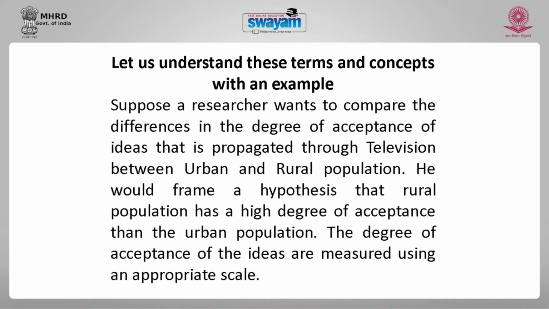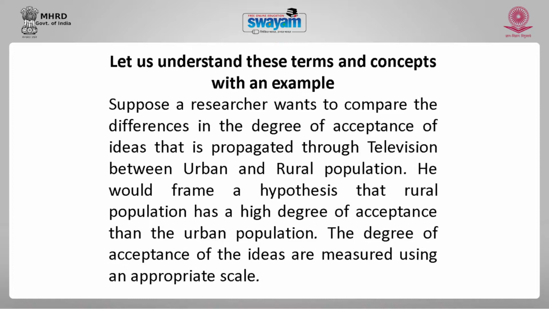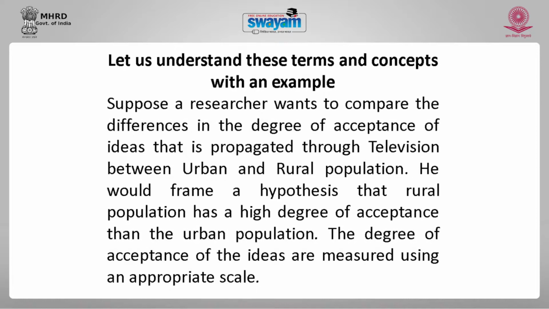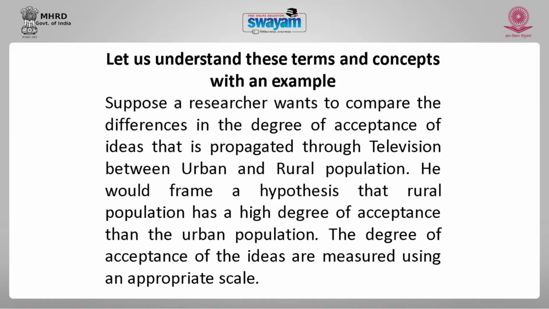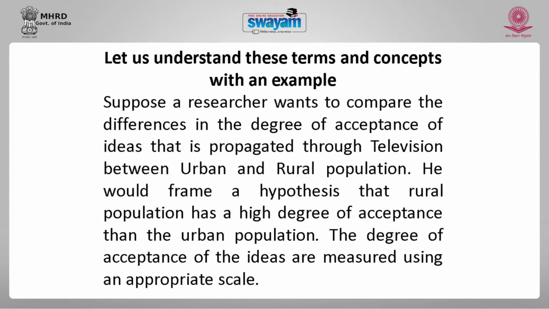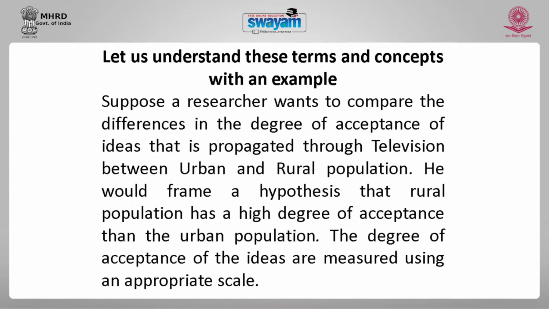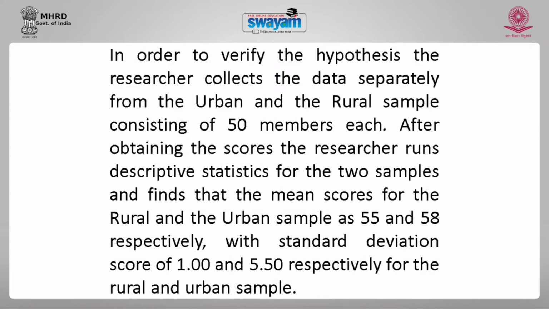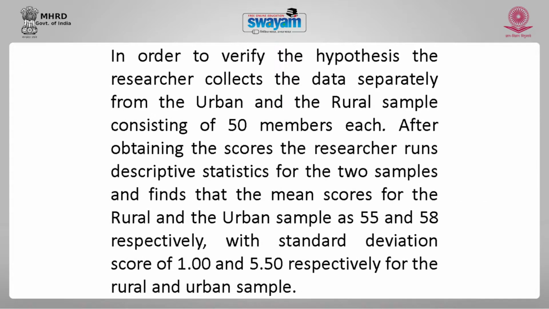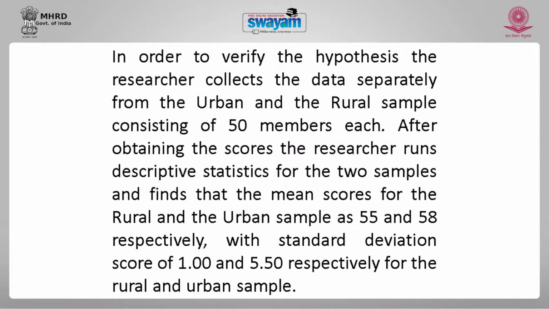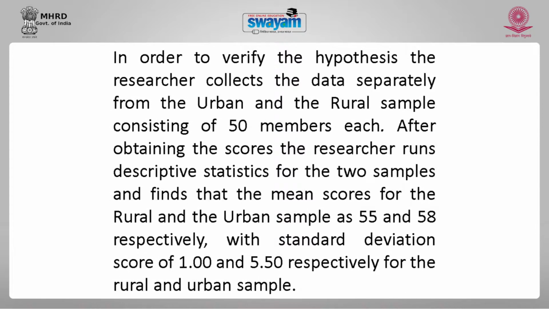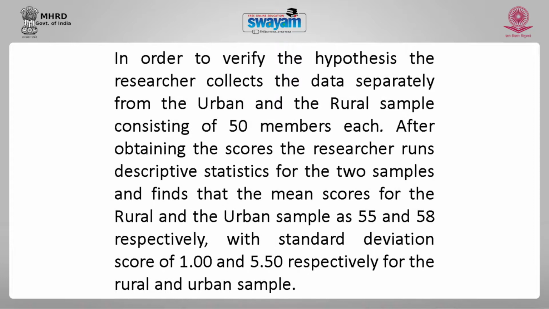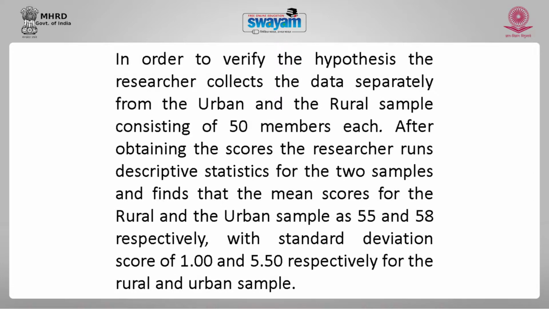He would frame a hypothesis that rural population has a higher degree of acceptance than the urban. The degree of acceptance of the ideas is measured using an appropriate scale. In order to verify the hypothesis, the researcher collects the data separately from the urban and the rural sample consisting of 50 members each.